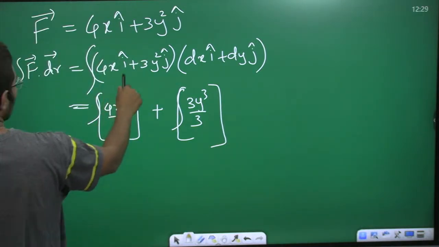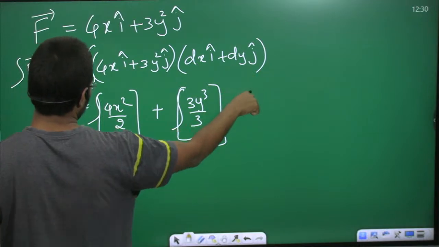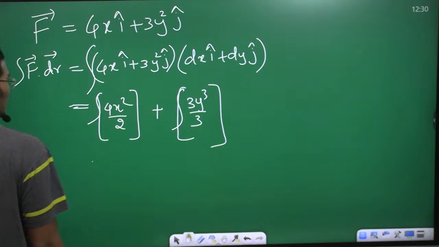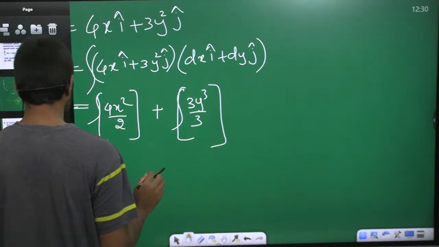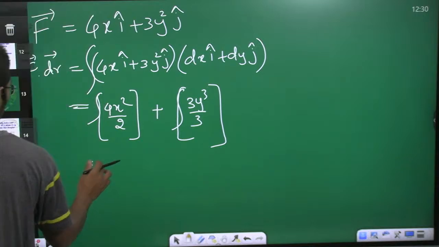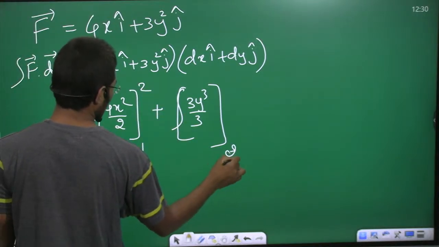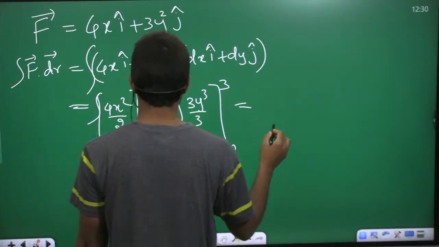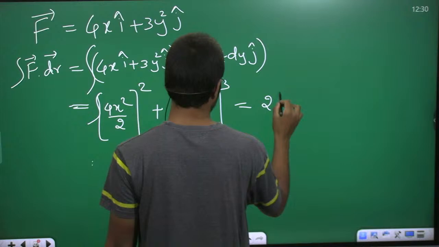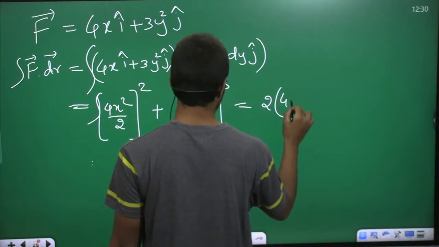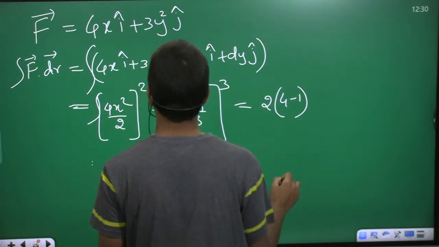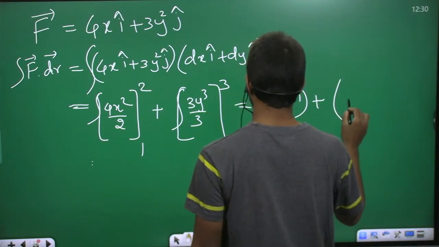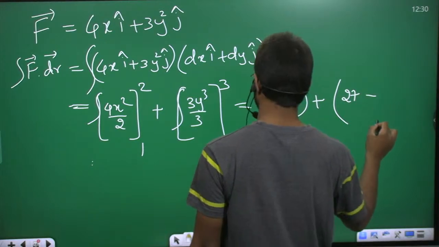See, 4x i cap into dy j cap. i dot j is 0 because cos theta is equal to 0, cos 90 will be 0. So the i ranges from 1 to 2, this ranges from 2 to 3. So what do we get? 2, 4 minus 1, right, plus 27 minus 8.